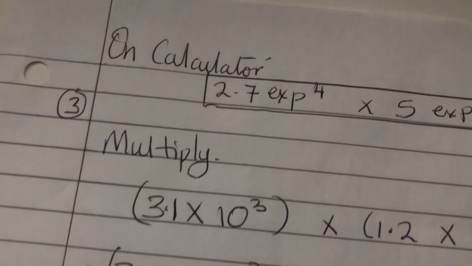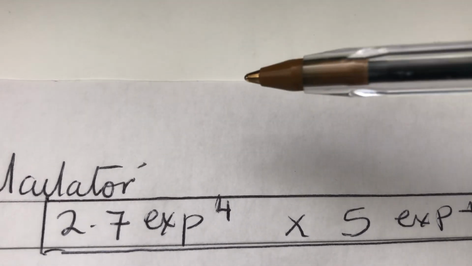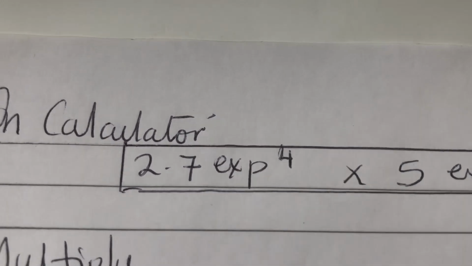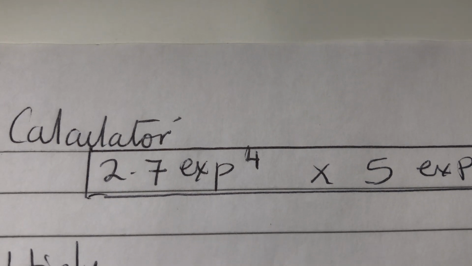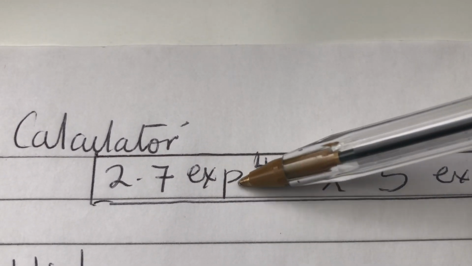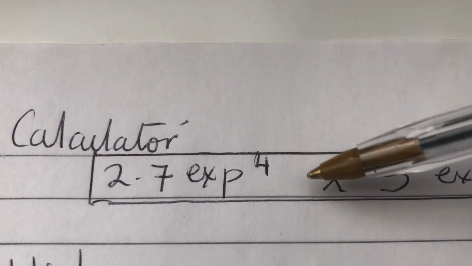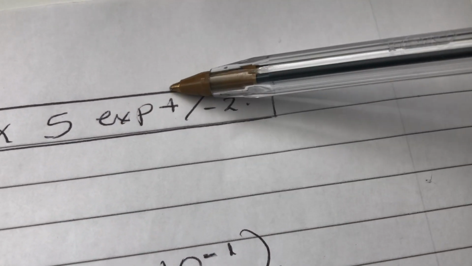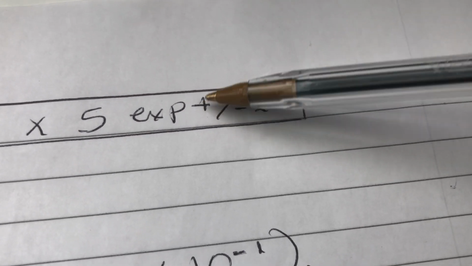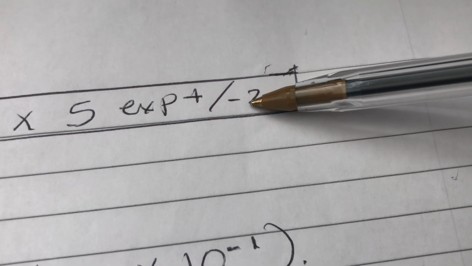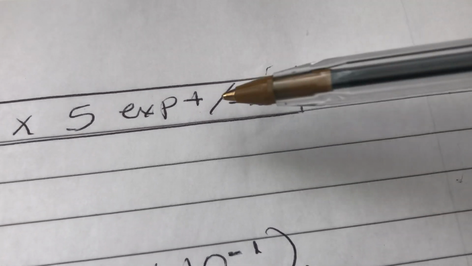Now, on the calculator, if you're multiplying, okay, by now you should know your exponential sign. If you are going to multiply, you type 2.7, then exponential sign 4, and then you multiply by 5, your exponential sign, and then minus 2, because your power there is minus 2, but it's addition, so you add.